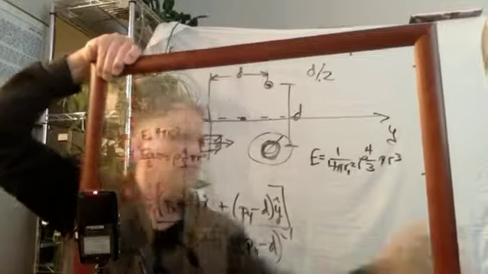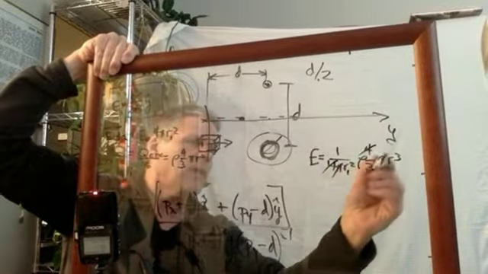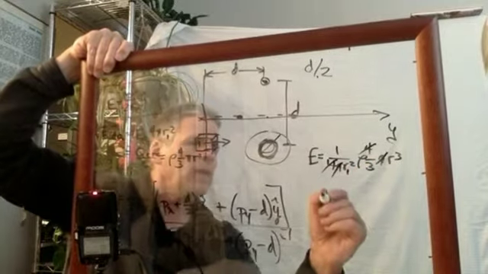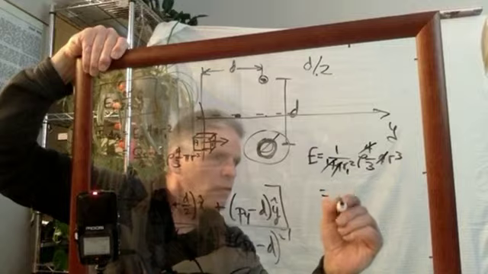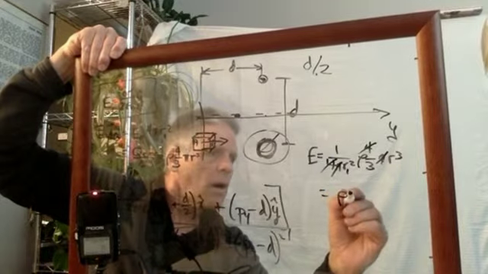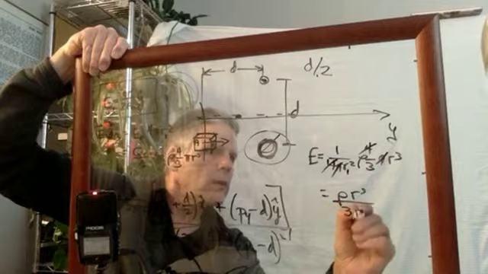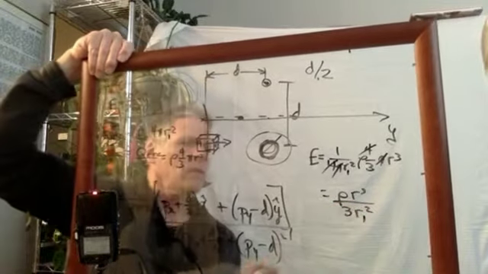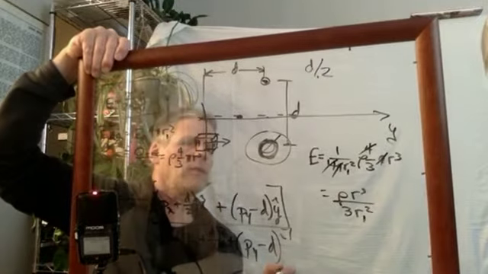And we're just going to do some really simple algebra with that, and we're going to get rid of that, that, that, and that. And we're just going to have E equals rho r cubed over 3 r1 squared. Does that look funky to you guys?